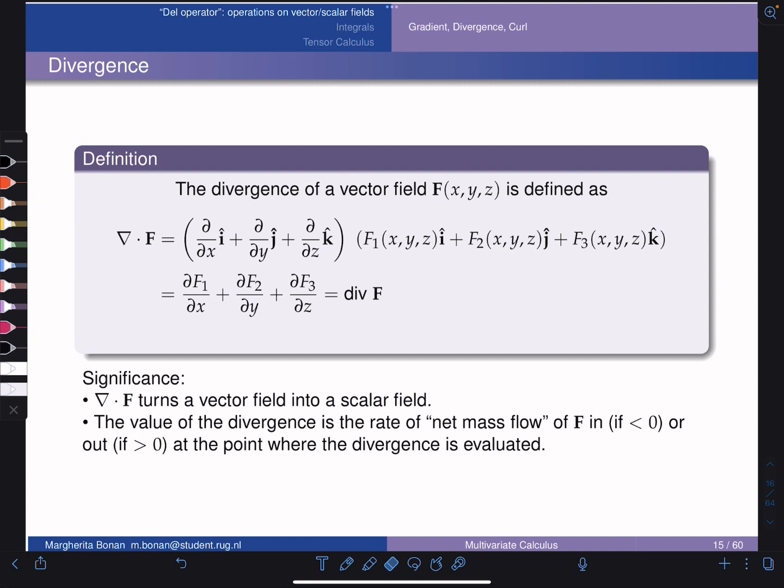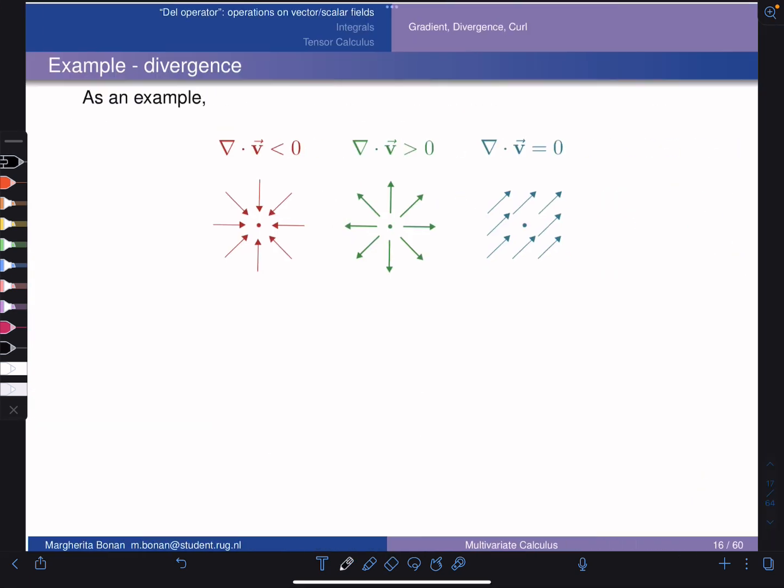This means that, as an example, in this point the divergence is negative because we see the flux is going inwards, while in this point the divergence is positive as we see the arrows going towards outside, and in this point the divergence is zero because the net flux is equal to zero. There are as many arrows going in as going out.